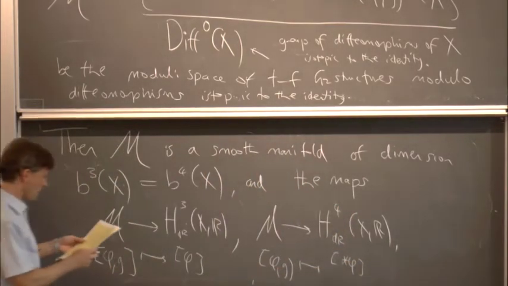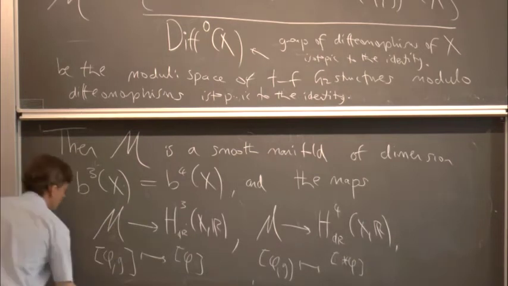So these maps are local diffeomorphisms.